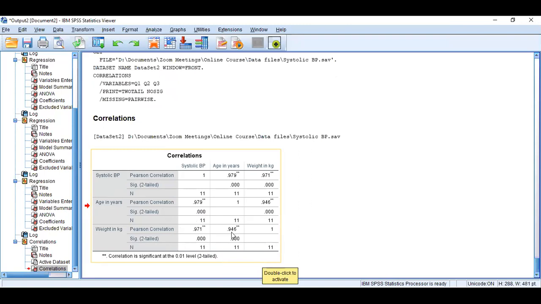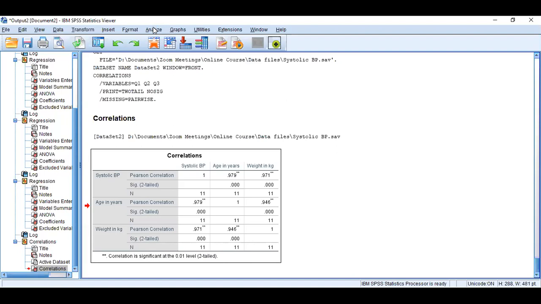Now, let's quickly start with age and systolic blood pressure. Excuse me, sir. This very high correlation between weight and systolic blood pressure, could that be seen as collinearity?